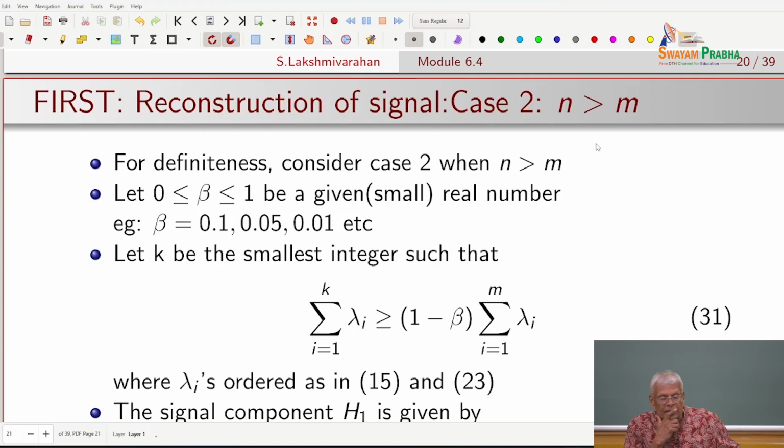When n is greater than m, just for definiteness, I assume case 2. Please understand, case 1 is m greater than n, case 2 is n greater than m. So, when m is greater than n, we call it a tall matrix. The other case, this is m.